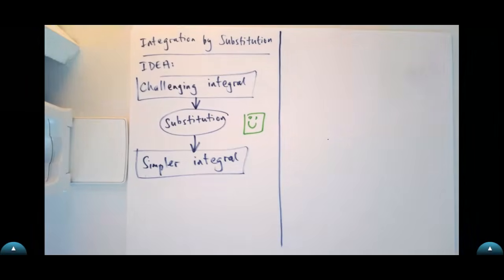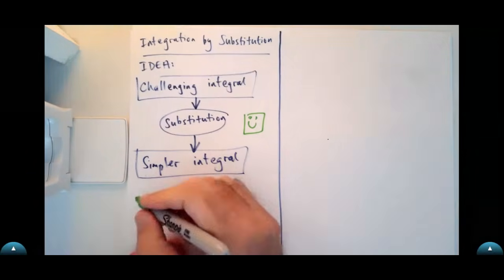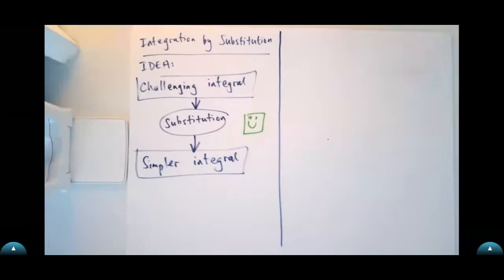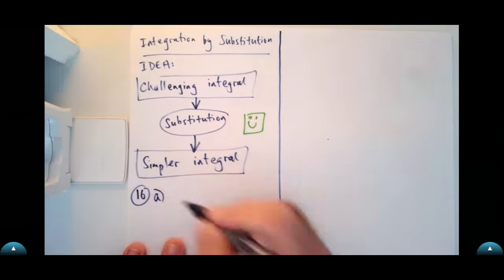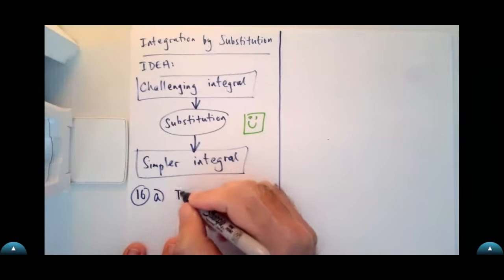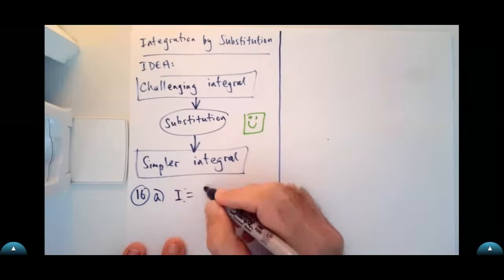Okay, so how do we do that? Let's look at an example. 16a is something like this. I'll just call this I for integral.